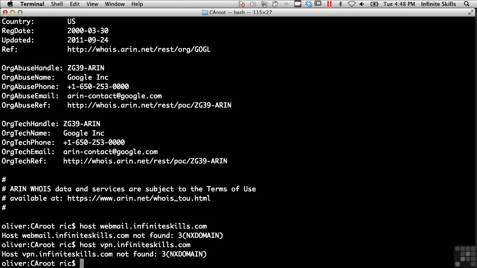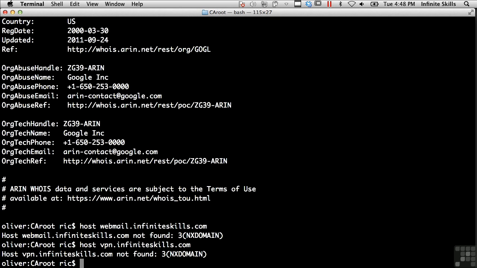You find the IP address, you figure out who it belongs to, and you just keep going, and you start narrowing down the field of what IP addresses belong to what entities and what IP addresses are relevant to the one that you are working on.